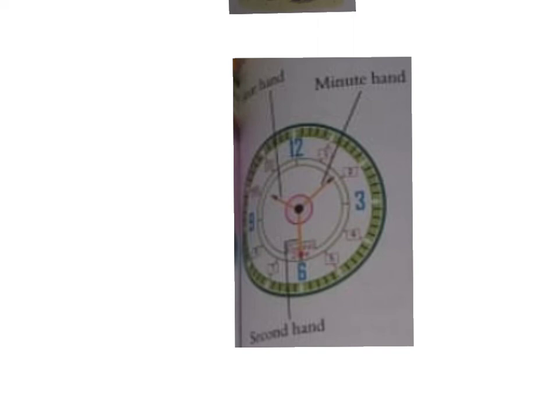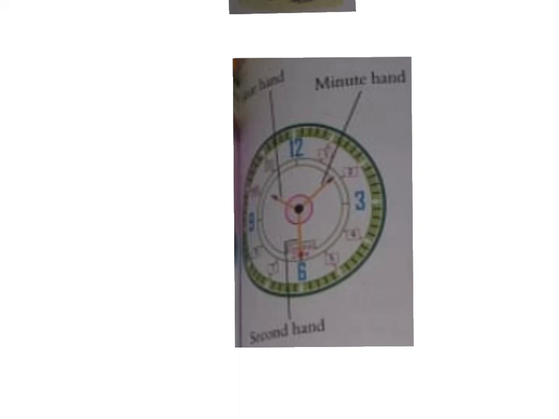It tells us the time in hours, minutes and seconds. Dear students, do you know 1 minute is divided into 60 seconds? An hour is divided into 60 minutes. A day has been divided into 24 hours.